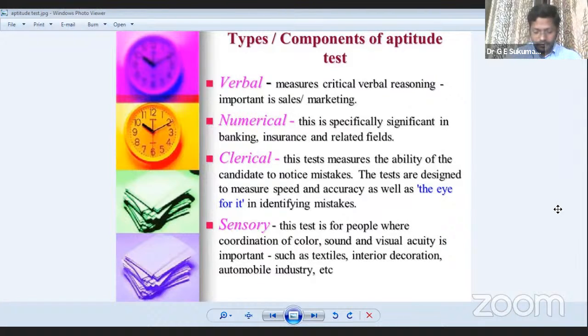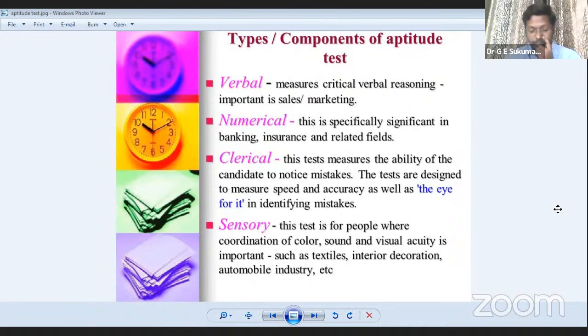If you have to define aptitude, it is defined as the innate capacity of a person in a given line of endeavor, such as a particular art, school subject or profession. So it is an innate ability. At the time of birth, what a person is acquiring is taken as the ability, aptitude.